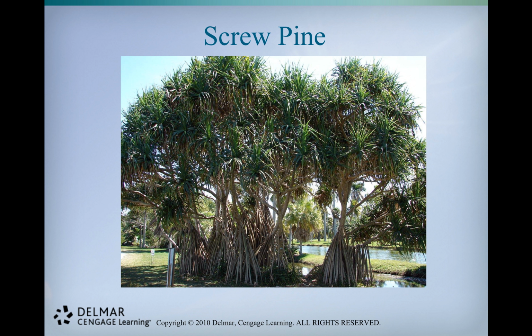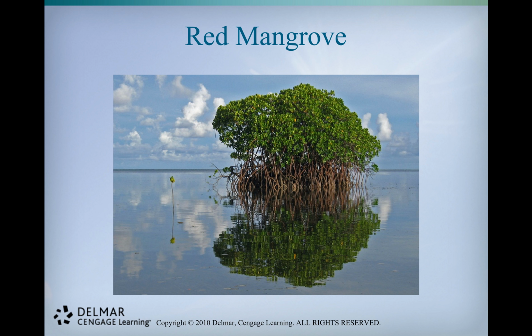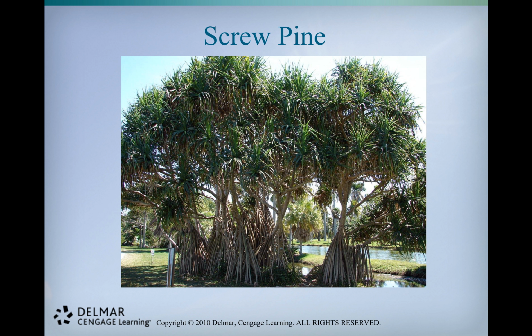Okay, so it was read for us. The adventitious roots. We have the screw pine. You can see that the roots actually come down and help hold the trees there. The red mangrove, same sort of deal. These actually come down from the tree and then they actually help hold it. So those would be adventitious roots. You can see they're in the air.